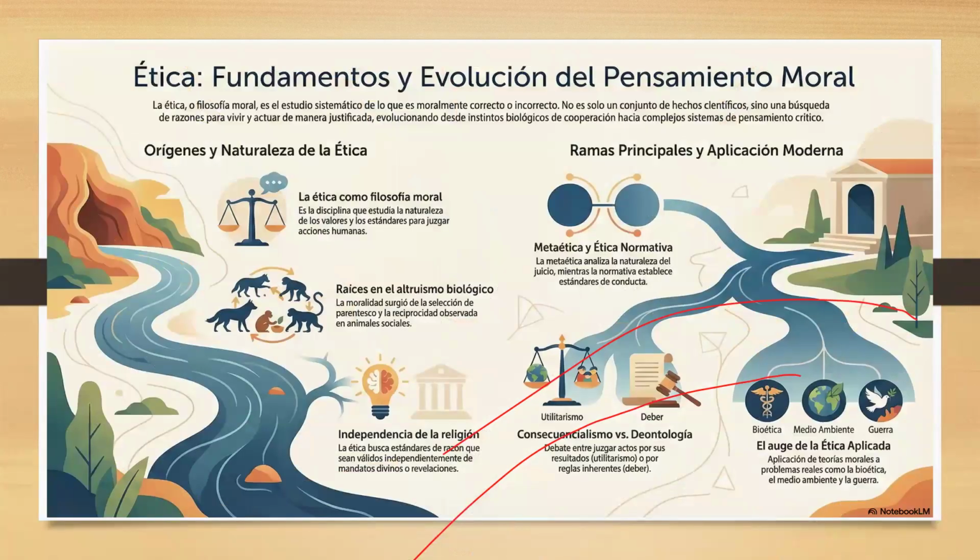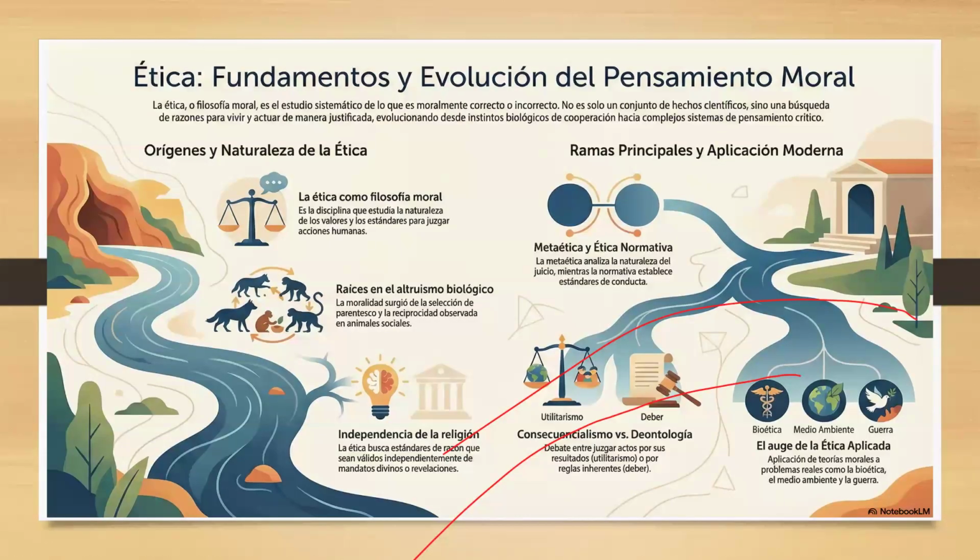Okay, here, folks, we have the foundation and evolution of moral thought. We can say that ethics or moral philosophy is the systematic study of what is morally right or wrong, and about the origins and nature of ethics.